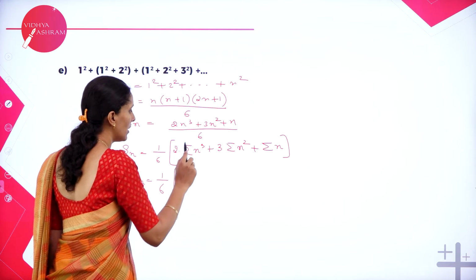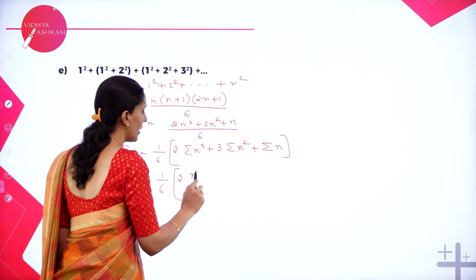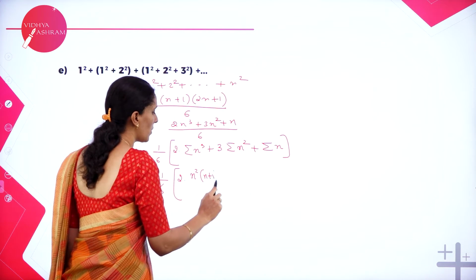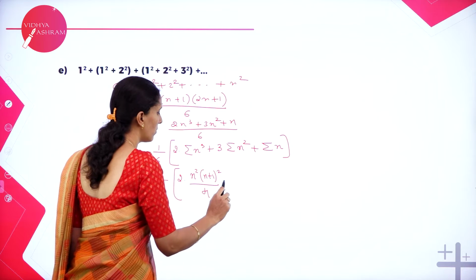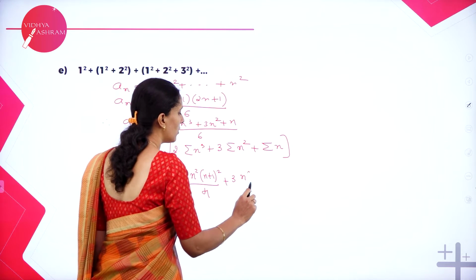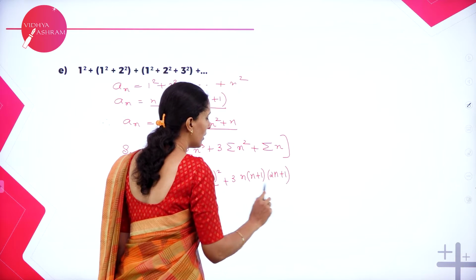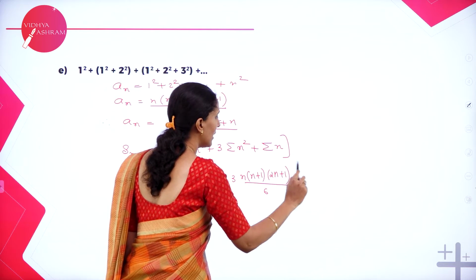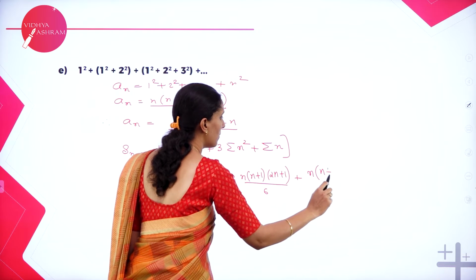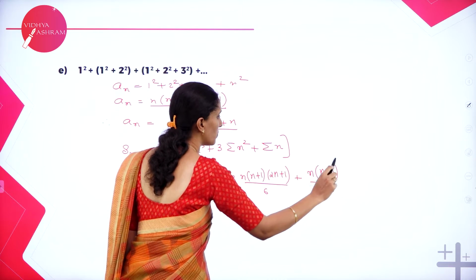Here we have 2. Summation n cube means n square, n plus 1 whole square divided by 4. And here it is n into n plus 1, 2n plus 1 divided by 6. And here it is n into n plus 1 divided by 2.